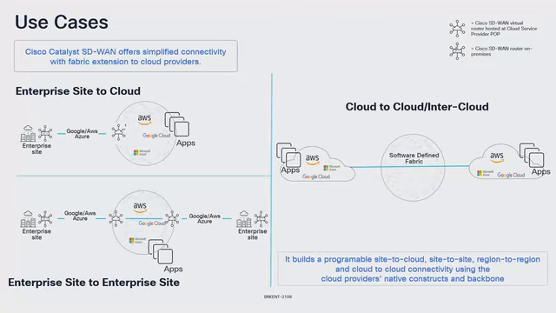So there are three different use cases. First is extending your enterprise site to a cloud workload. The second is enterprise site to enterprise site over a cloud backbone. And the third is cloud to cloud or inter-cloud connectivity. In all these cases, SD-WAN manager provides optimized API-based automation, which makes it easy for you to establish these connections.